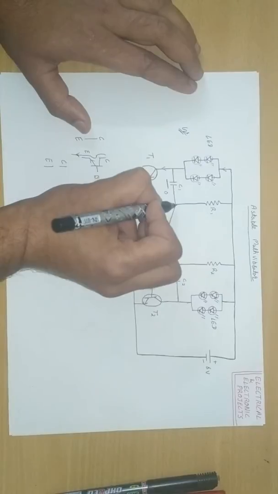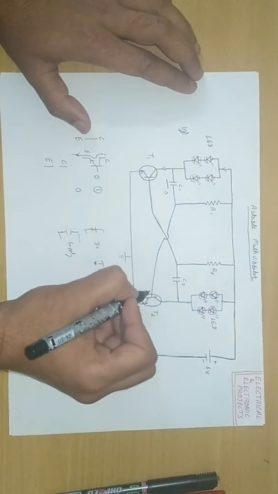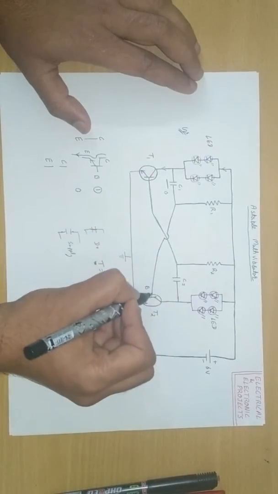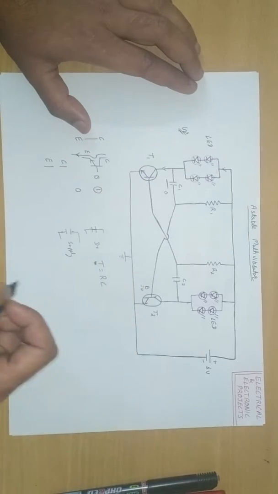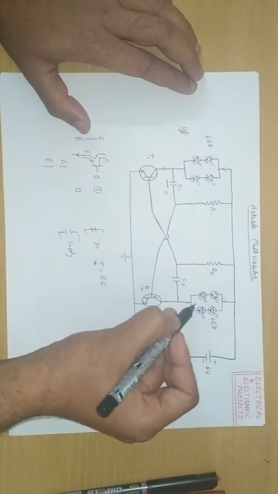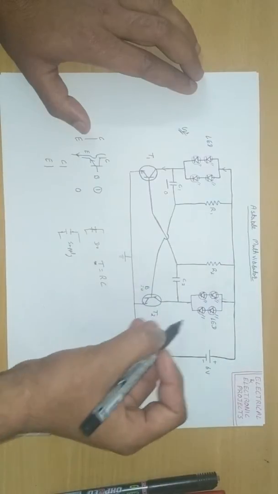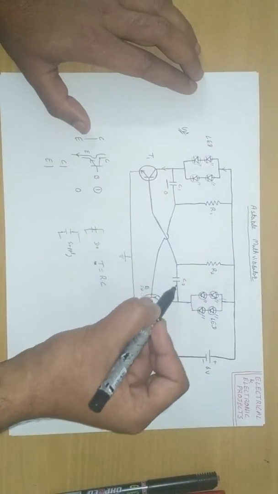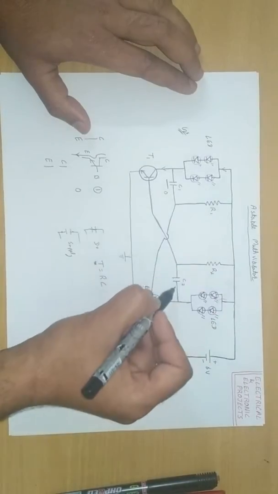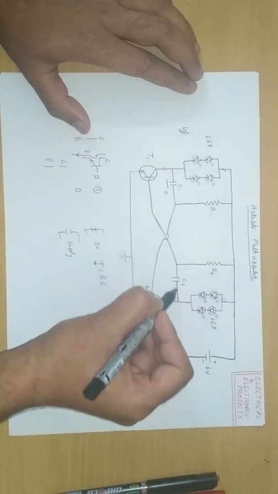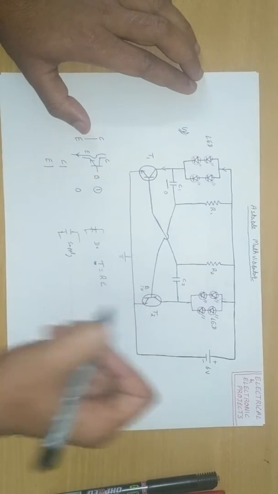This zero voltage goes to the base of transistor T2. When base voltage is zero, it acts as an open circuit. So no current flows through this LED, or through this path. Obviously, no current flows through this, because this path is complete only when it is short circuited.